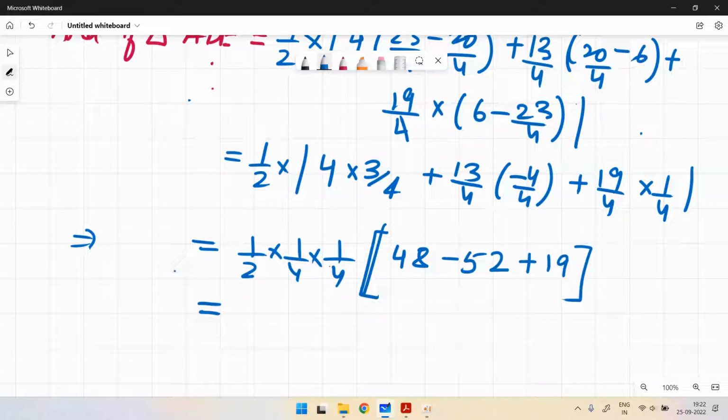Now adding 48 and 19 gives 67, 67 minus 52 is 15, so this is 15 by 16, into half, 15 by 32.